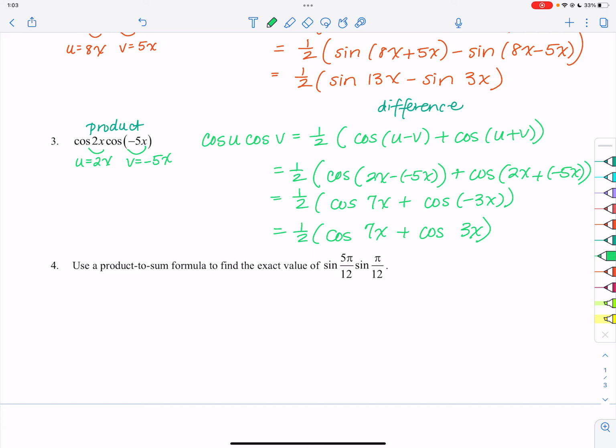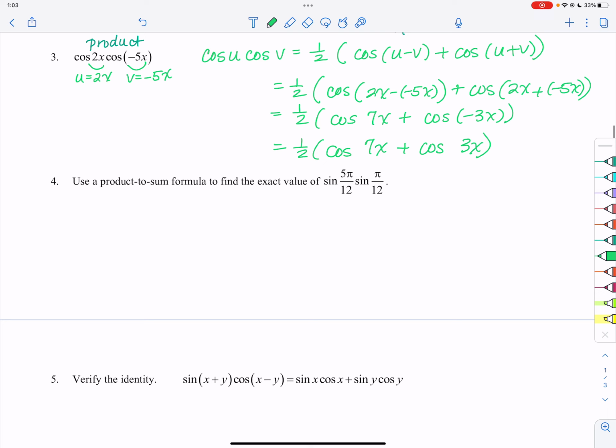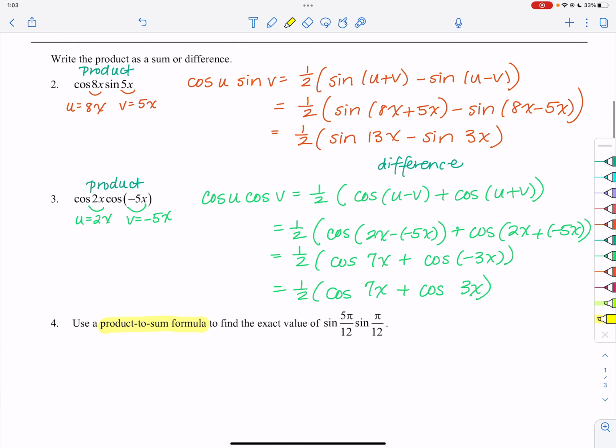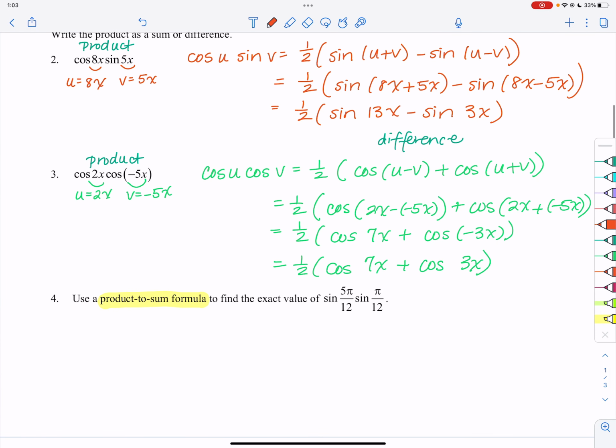By the way, this is a sum, and we started with a product.